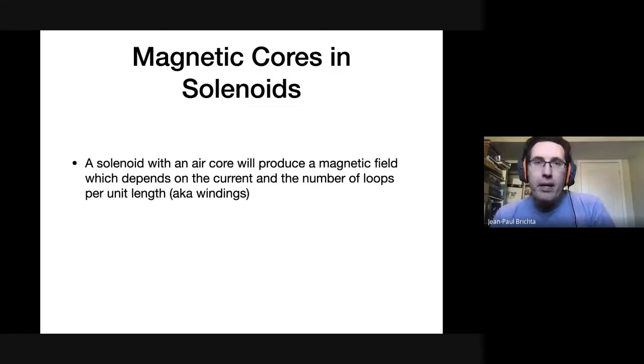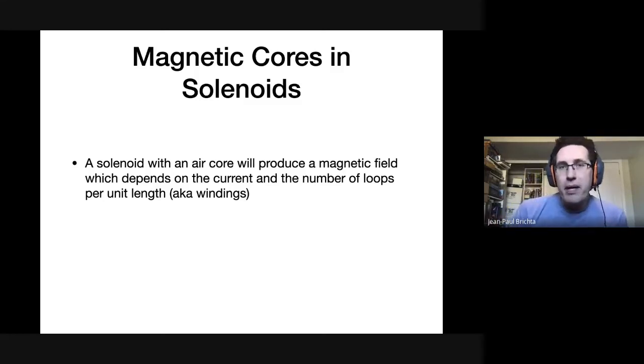So one thing you might like to figure out is how you can make a stronger electromagnet using a solenoid. A solenoid by itself is just a coiled wire. So you can say, okay, maybe I can increase the current, and that turns out to increase the magnetic field. Or I could increase the number of loops, and that also increases the magnetic field.